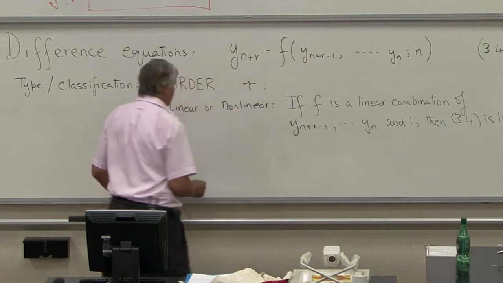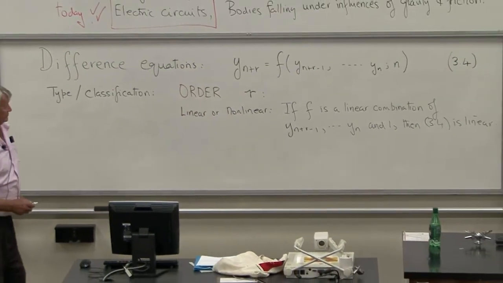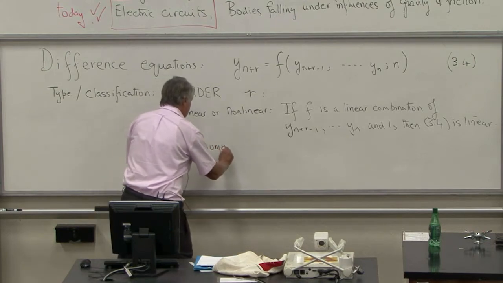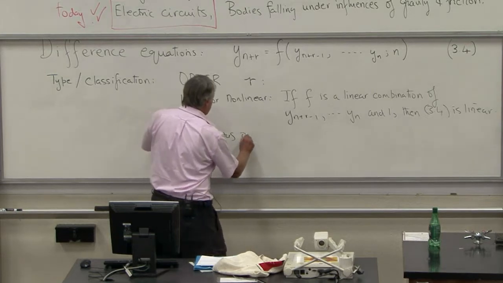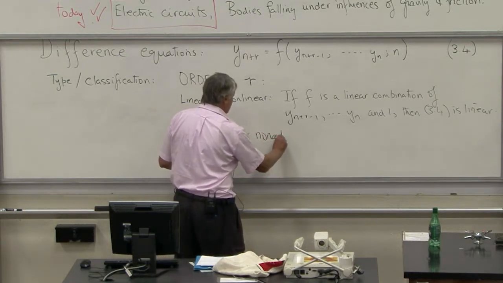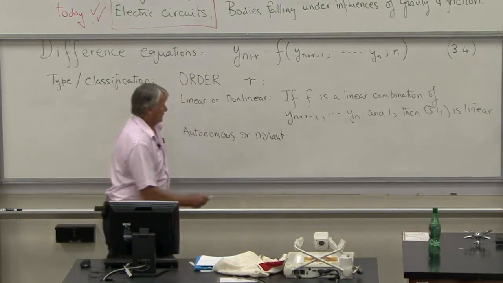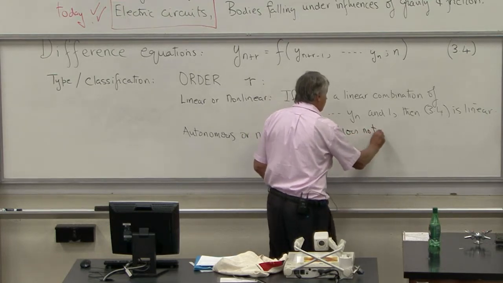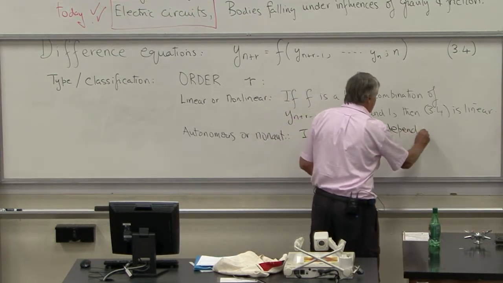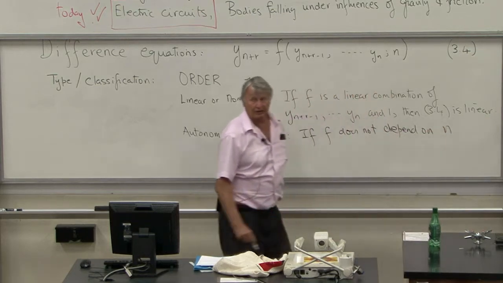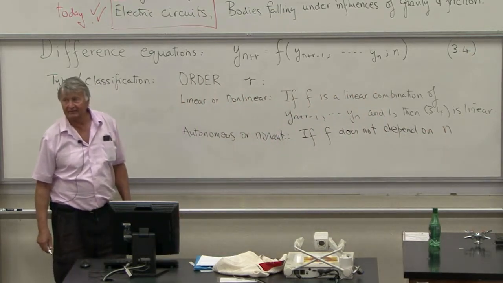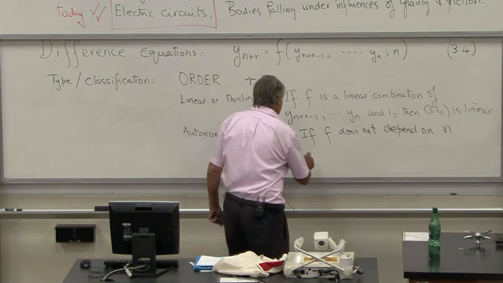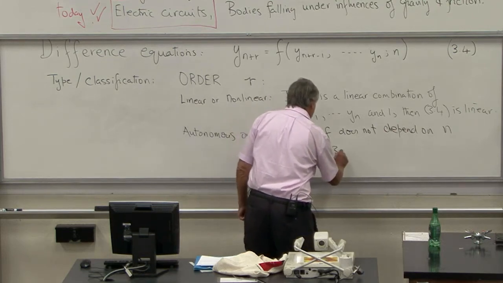If not, it's nonlinear. Next notion, autonomous or non-autonomous. If f does not depend explicitly on n, the running independent variable, which is the analog of x up here, then we say 3, 4 is autonomous.